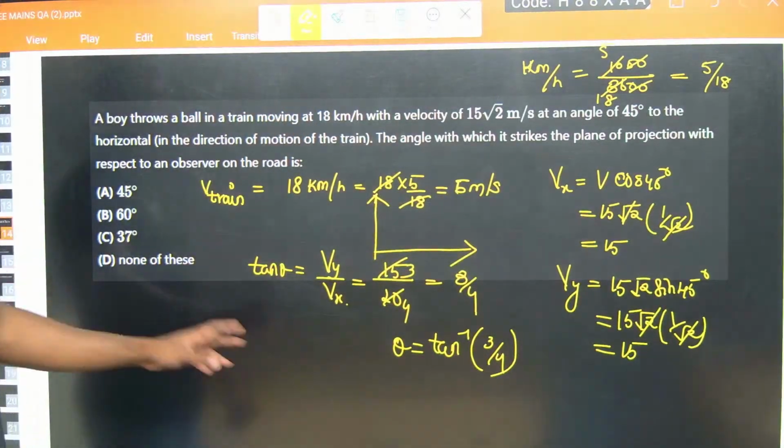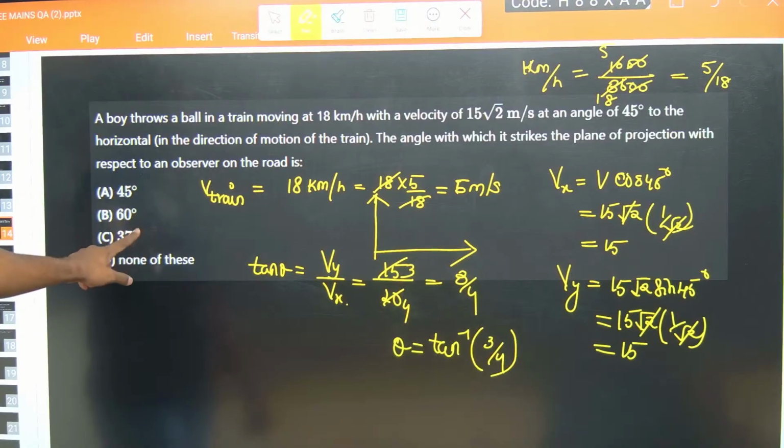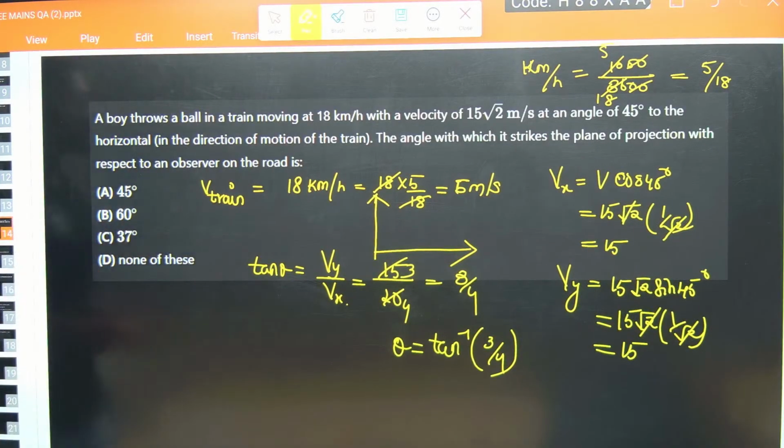Okay, 3 by 4. But they have given 45 degree, 60 degree, 37 degree and none of this. Which is the correct option in this? Yeah.